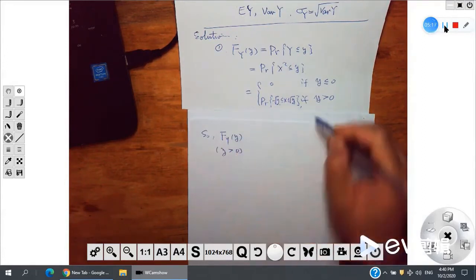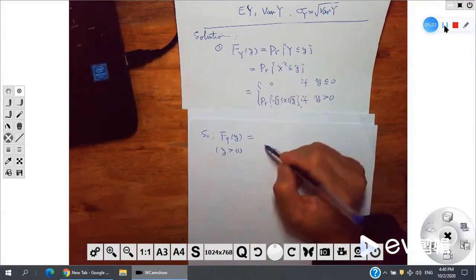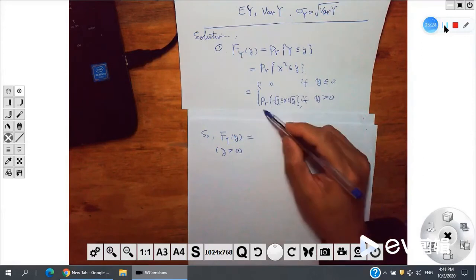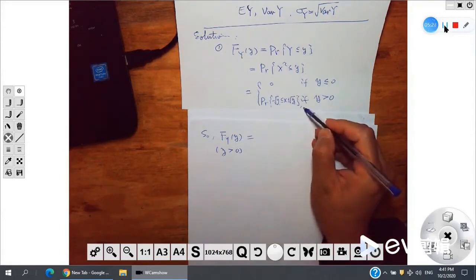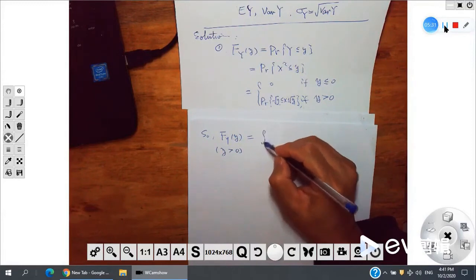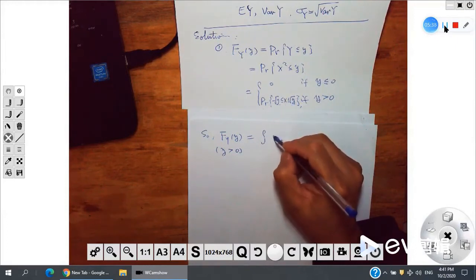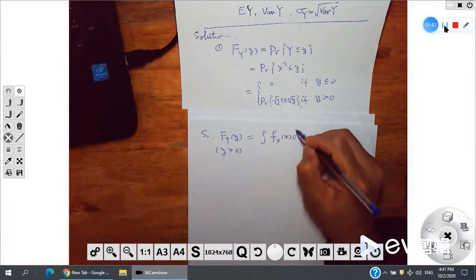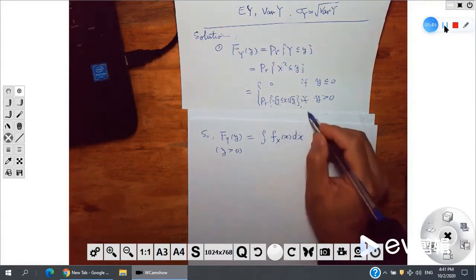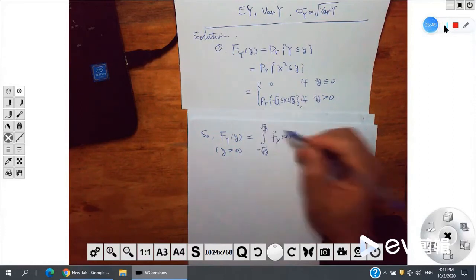What is the probability of this one? Because this is a probability about the variable X, this is the integral of fx of x dx, and x will run from negative square root of y to positive square root of y.